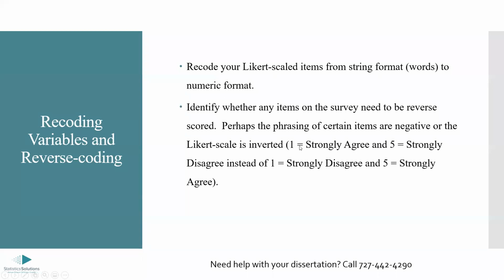Many times the default procedure is 1 is strongly agree and 5 is strongly disagree. SurveyMonkey and Qualtrics may set up the survey in this format, but oftentimes you want to reverse this. You want 1 to be a strongly disagree and a 5 to be strongly agree.